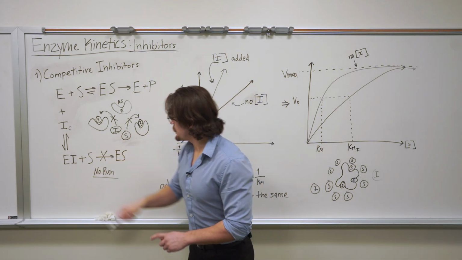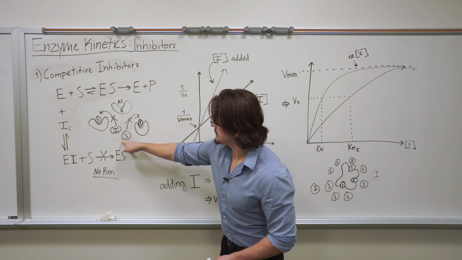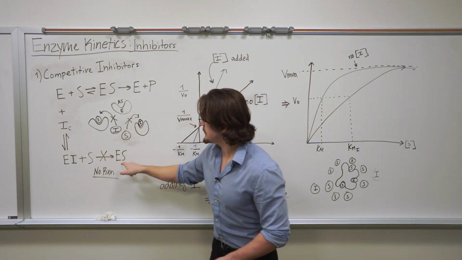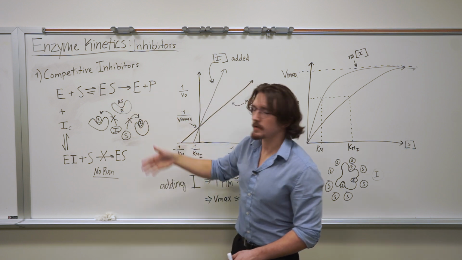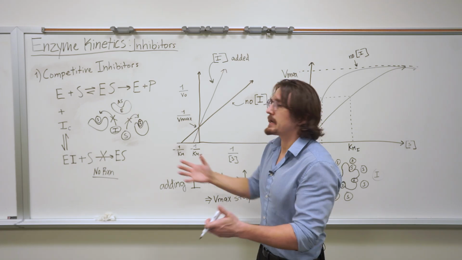And in that situation, if that substrate then tries to bind it, just as depicted right here, it's not able to bind it, okay? And in that case, it can't form the enzyme substrate complex, and consequently, this reaction cannot occur, okay? So that's the whole idea of competitive inhibitors.